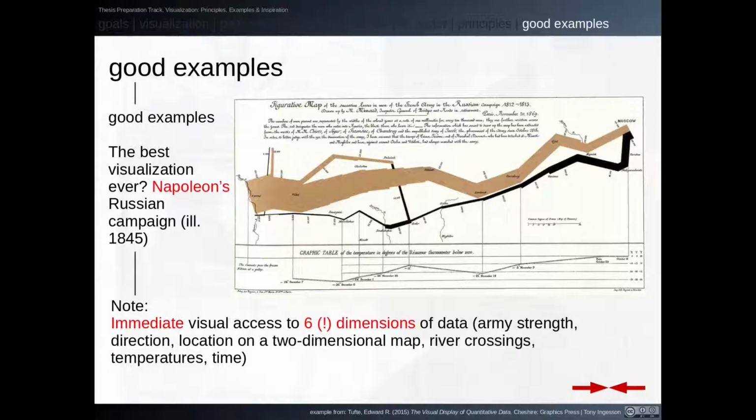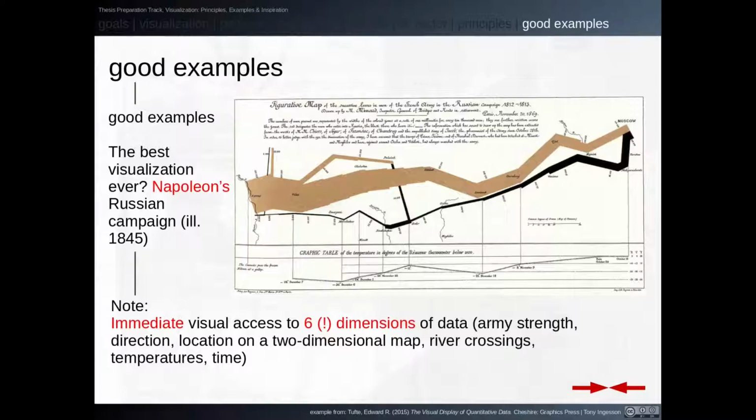That is the thin brown arm that stretches upward and to the right. Once they are at Moscow, the color switches over to black. That helps you to see the size of the force as it moves back away from Moscow. You can see how it keeps getting thinner and thinner and thinner. And you can also see where the force that split early in the campaign rejoins the main force.